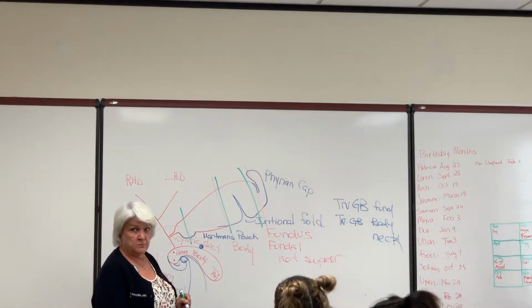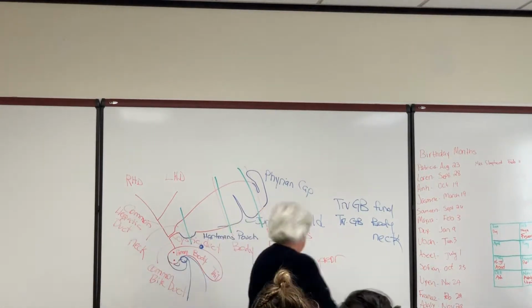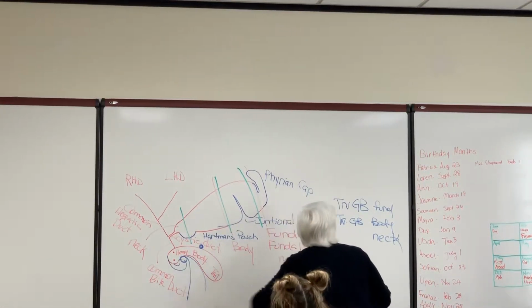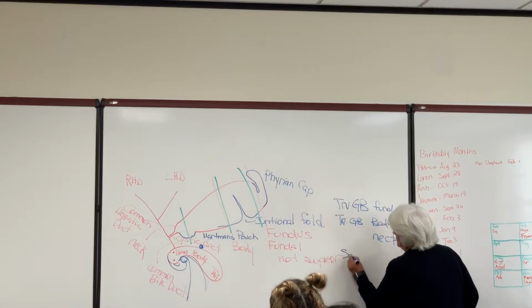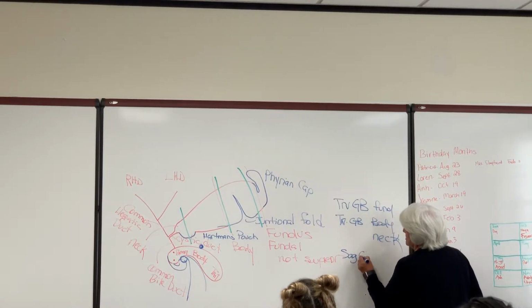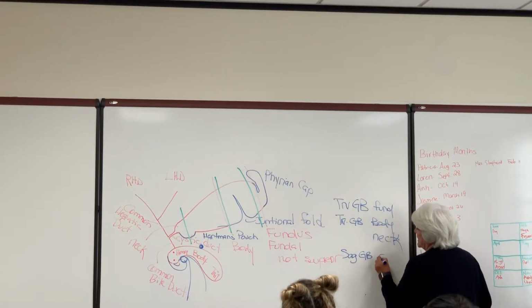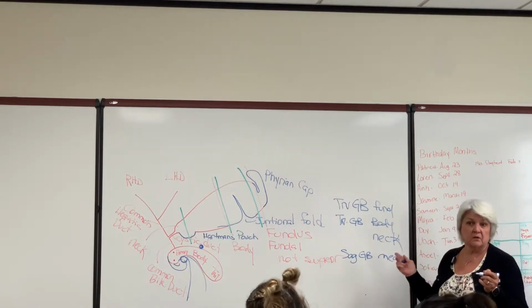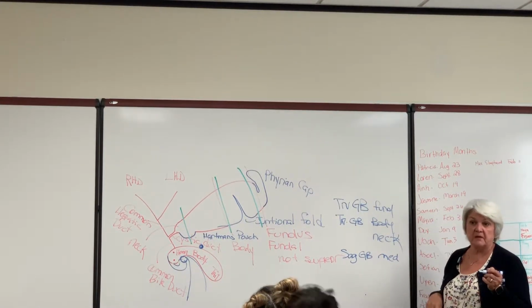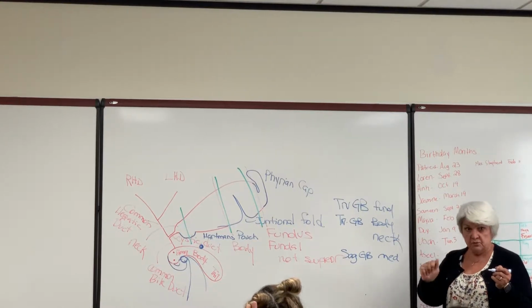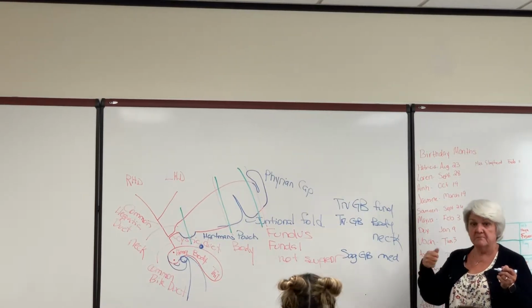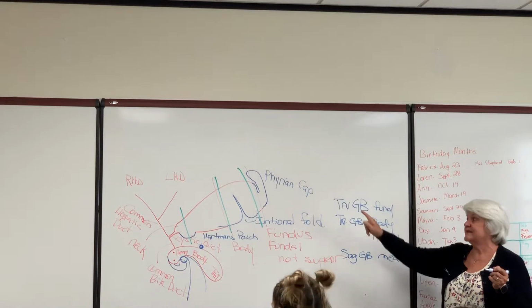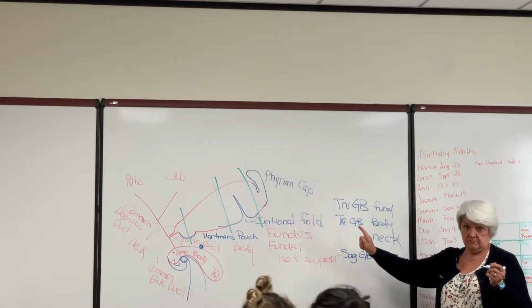Fundal, body, and neck. Then we go sagittal gallbladder medial. And it doesn't matter if you do medial or lateral first. It doesn't matter. When you rotate towards the medial part of your body, that's medial gallbladder.